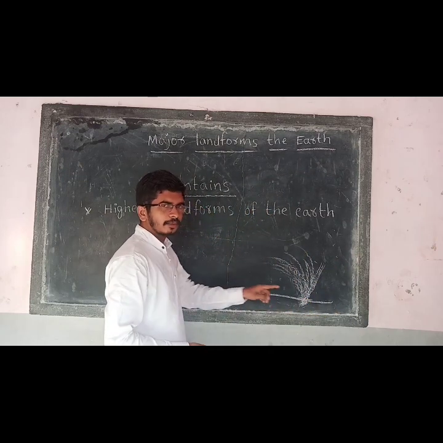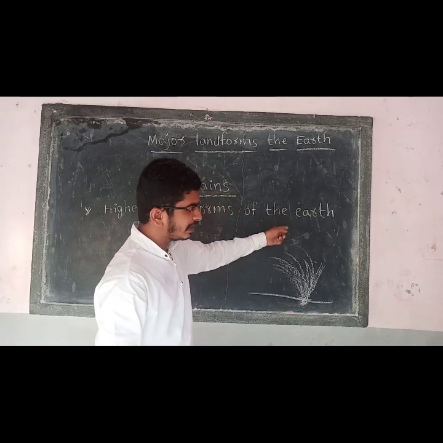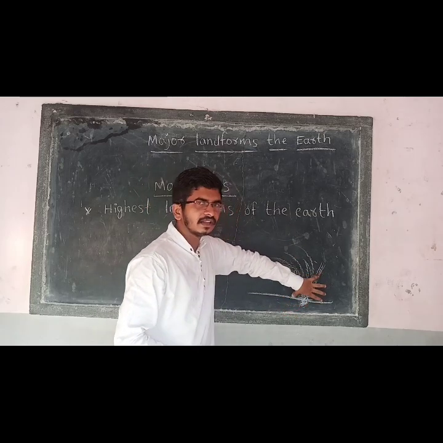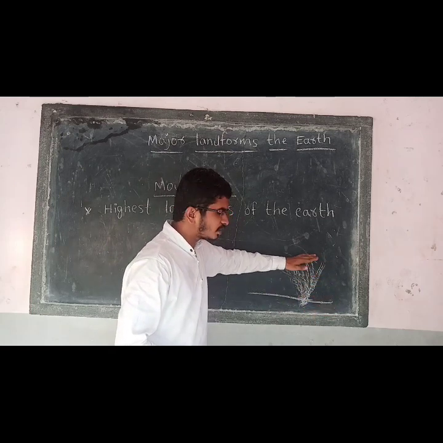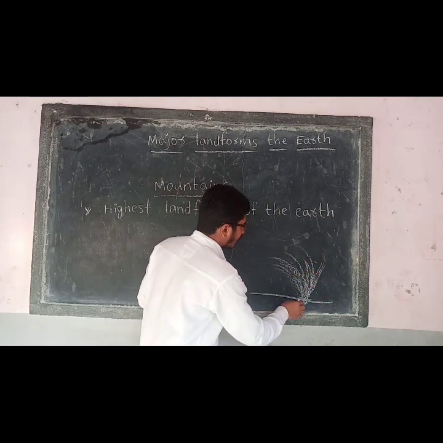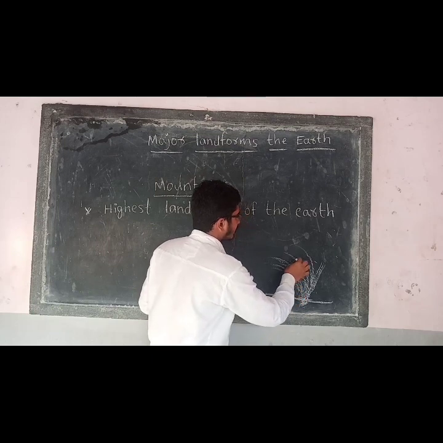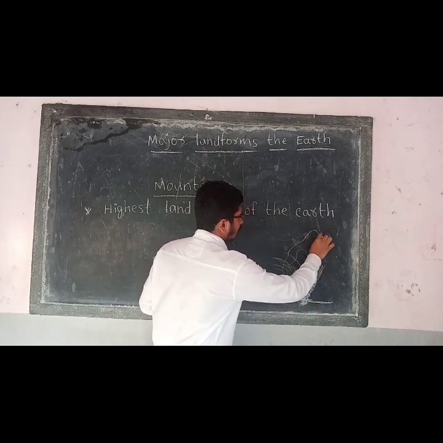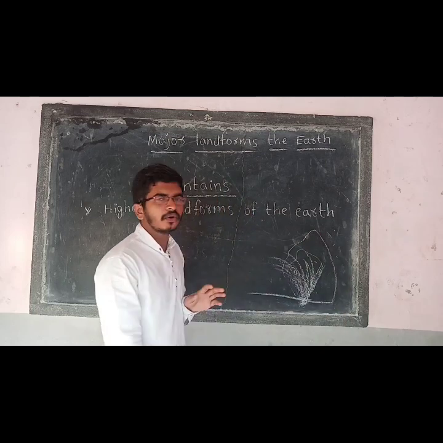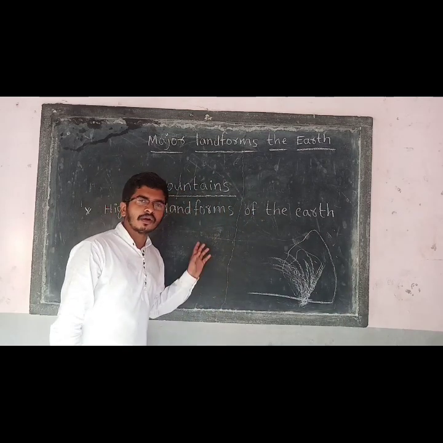This is the land part. After many years, the very hot lava gets cooled down and forms a mountain, some type of mountain. So now you got how mountains are formed.